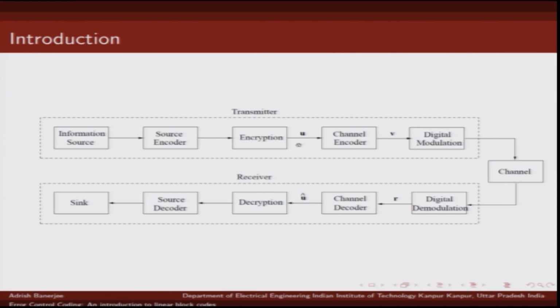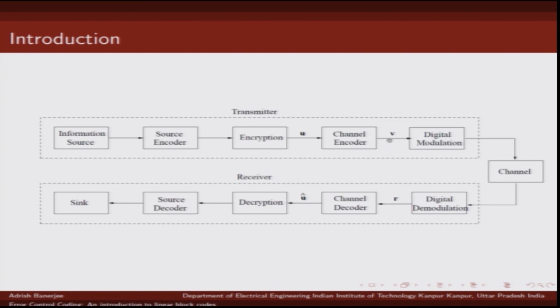We typically use the symbol U to denote the information sequence and the symbol V to denote the coded sequence. So this course essentially will deal with this block of the digital communication system, essentially how to design good error correcting codes and the properties of error correcting codes.